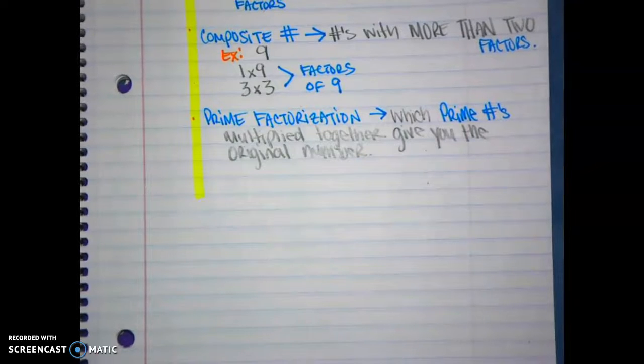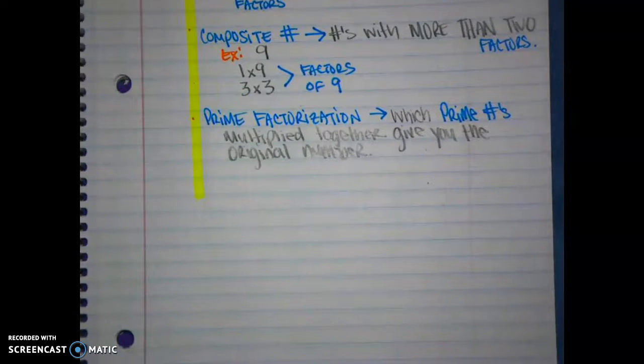Okay, so which prime numbers multiplied together give you the original number.